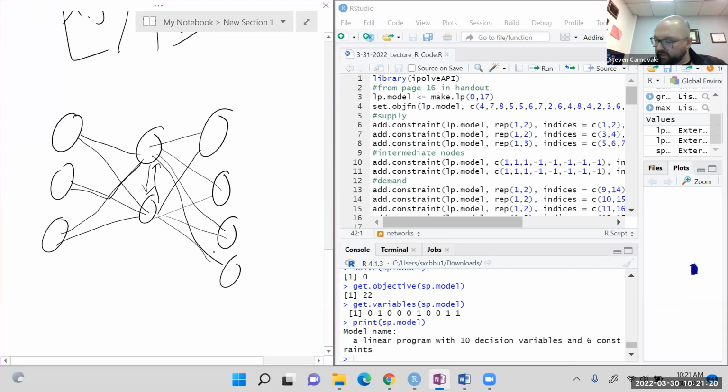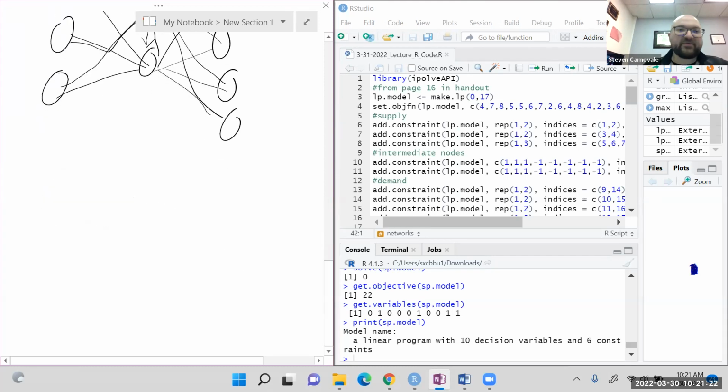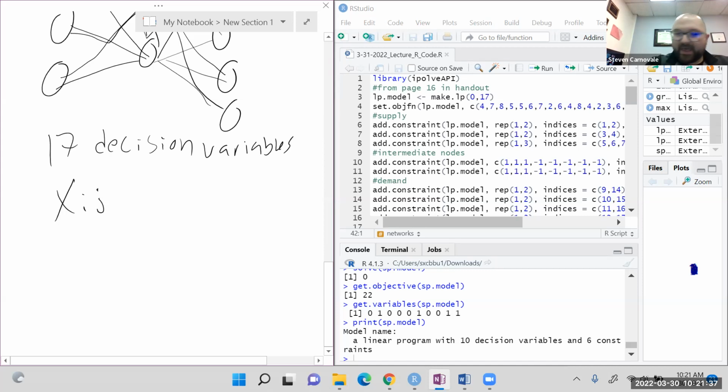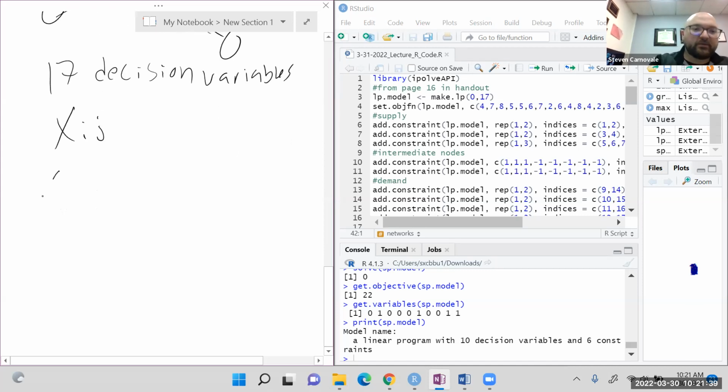Okay, so essentially there are 17 decision variables, and these are our Xij. First for X1, we have X1,4 and X1,5.